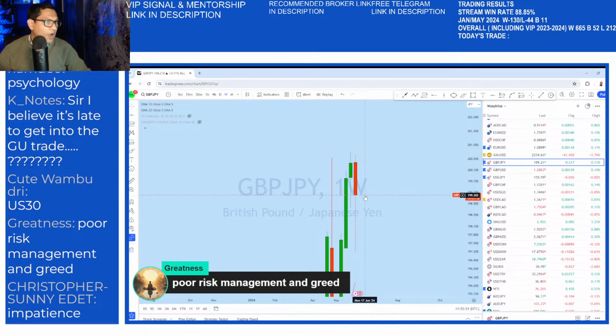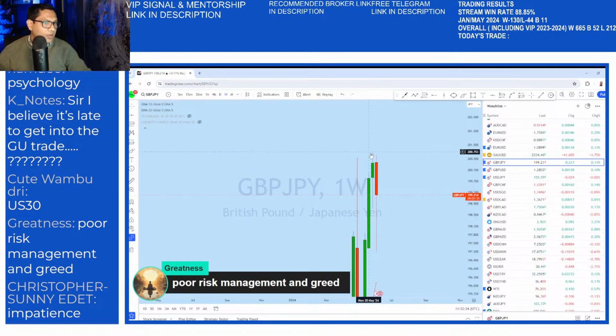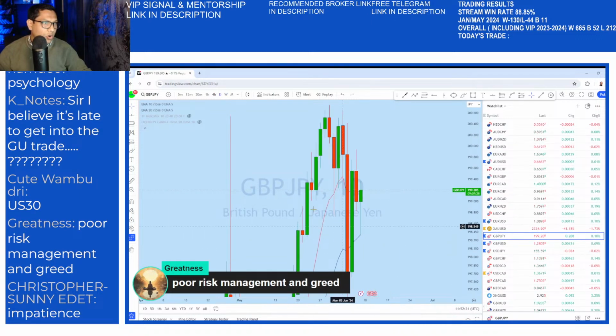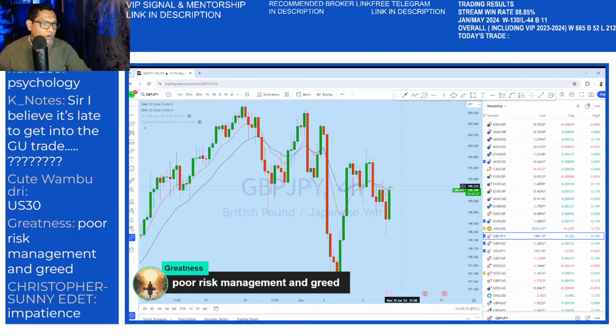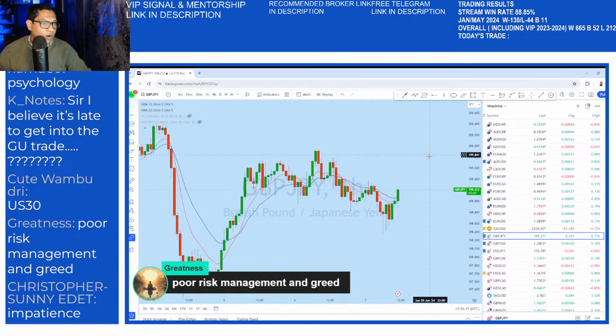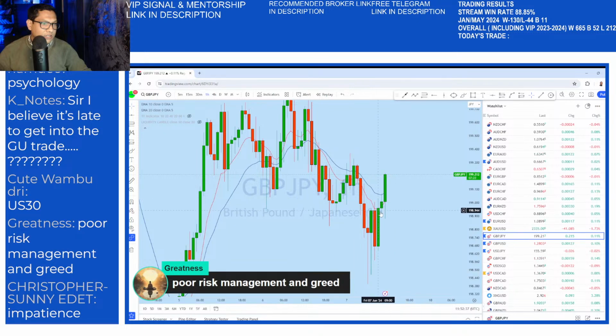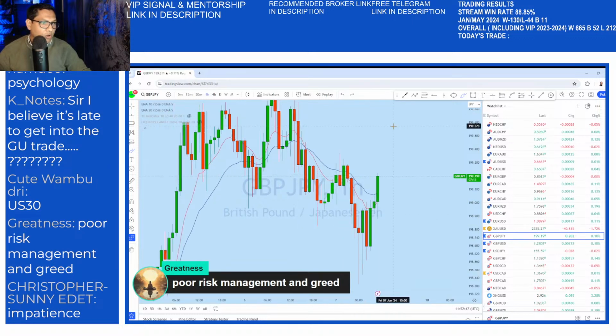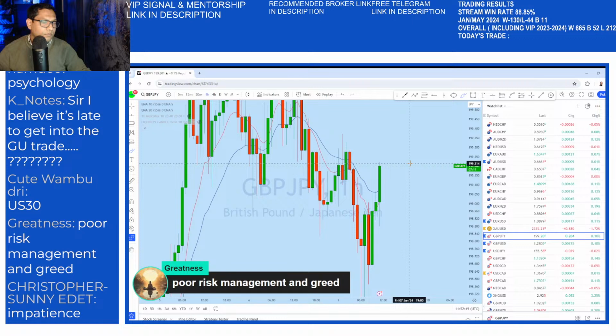So GBPJPY, if we look at the weekly, this is the last day of the trading week, a long wick weekly candle. Daily is also a long wick candle. From the 4 hour, a bullish candle. From the 1 hour, we can see there's a narrow doji here with a liquidity grab and a bullish engulfer.